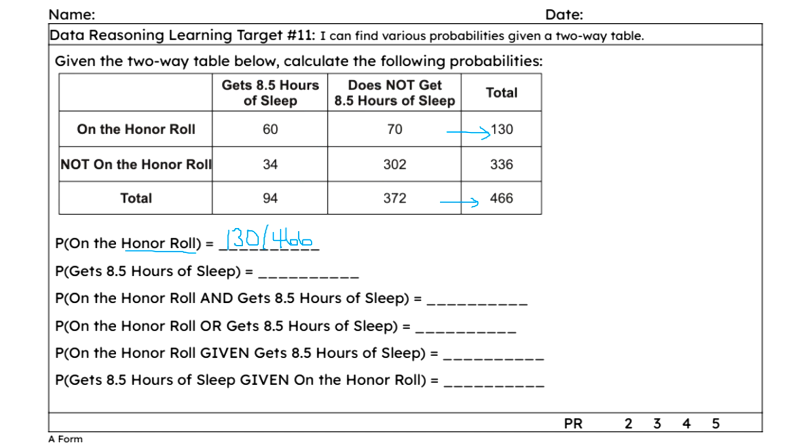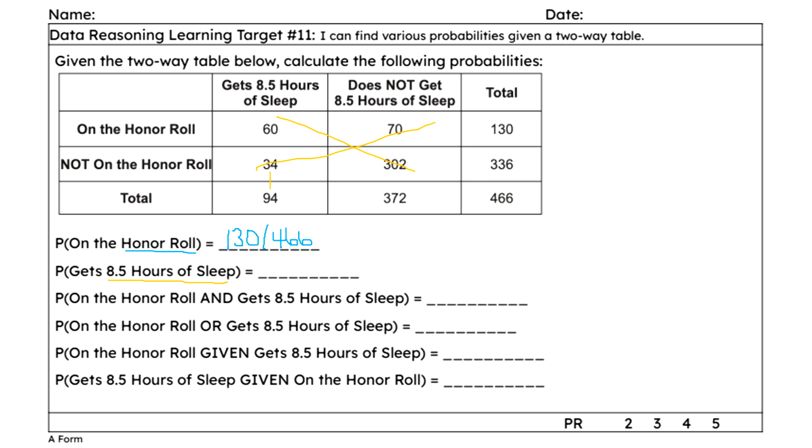All right, so next question is, what is the probability that a student said they got 8.5 hours of sleep? So here's 8.5 hours of sleep. So we don't care whether or not they're on the honor roll. We're just going to be looking at total numbers, total hours of sleep. So I'm going to be ignoring these middle numbers again. I'm just going to be looking at sleep.